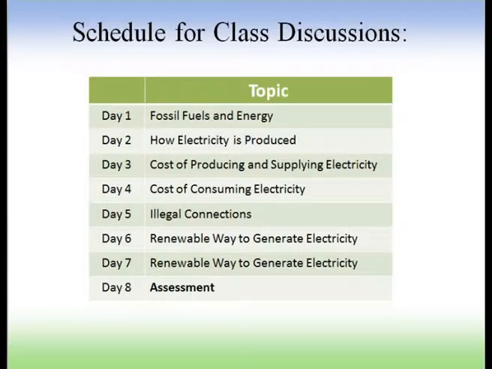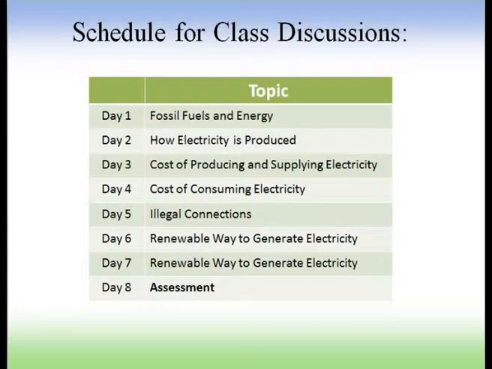On day 5, we will deal with the topic of illegal connections and aspects of safety regarding the use of electricity. And then on day 6 we will be dealing with renewable ways to generate electricity.